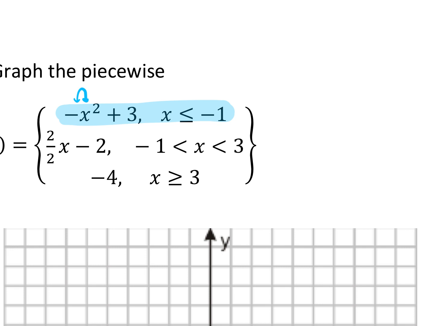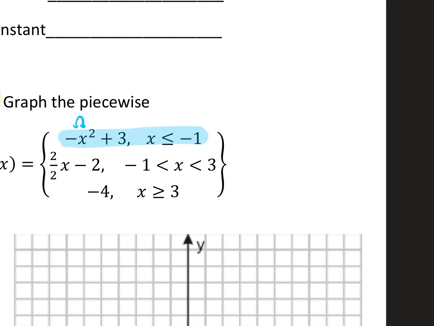So that helps me know the shape, so I kind of know how many points, how many numbers I have to plug in until I get that shape. So I'm going to make a little chart up here. What's the first number I'm going to plug in going to be? -1. Always plug in the number that's given first. So -1, we have negative -1 squared plus 3.